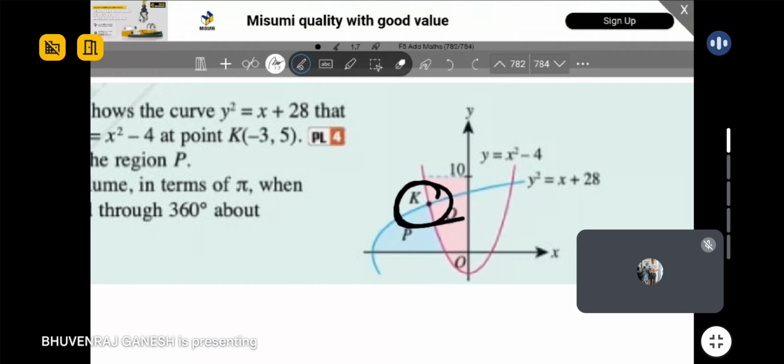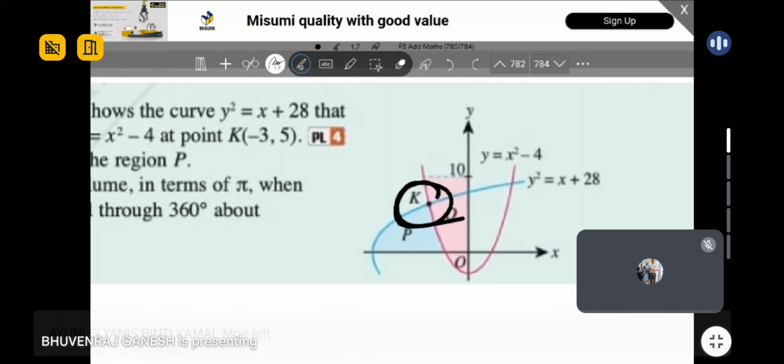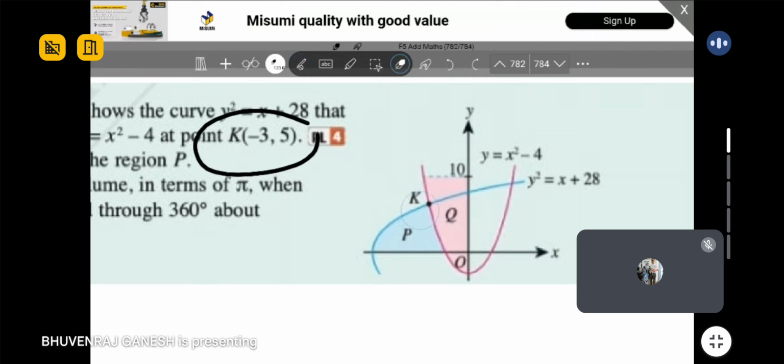Okay, so first thing, you must find the K value. Okay, coordinate K. So means that you have to solve simultaneous. Okay, so no other choice. You need to find the sorry, coordinate K already given lah. Ayo, I want to solve simultaneous again. Okay, so means directly you know this value is negative 3 already.